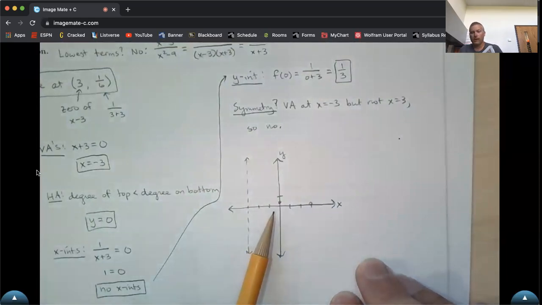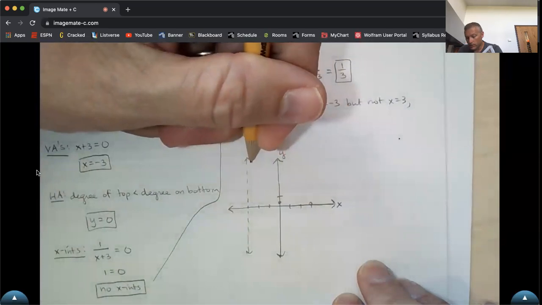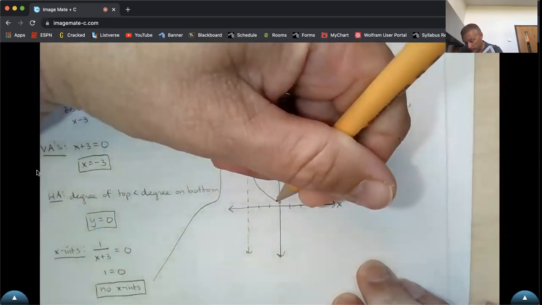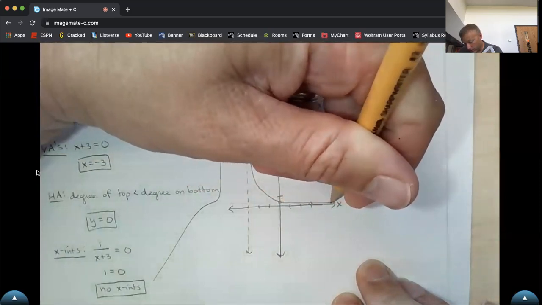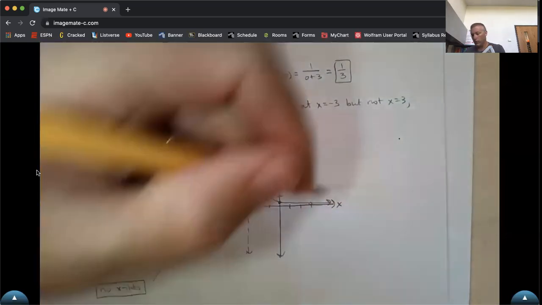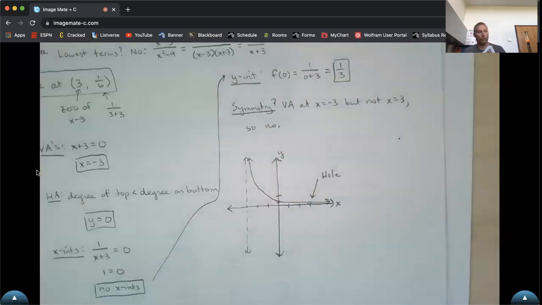So really, we know the behavior on the right side of the vertical asymptote. We're above the horizontal asymptote, and of course, to the right of the vertical. So let's make something that's always above the horizontal asymptote and to the right of the vertical asymptote. So maybe something like this. So note that this is our hole at 3, 1/6.